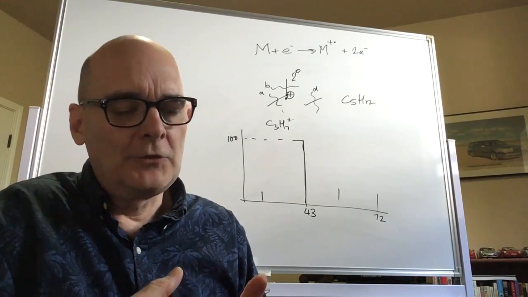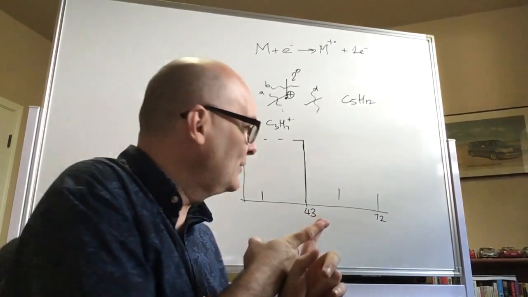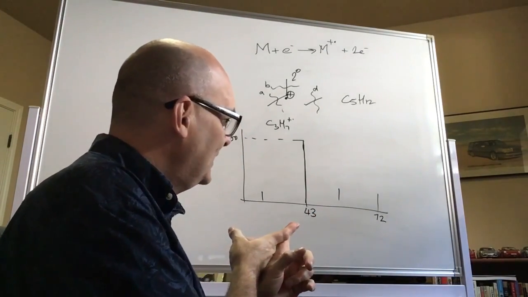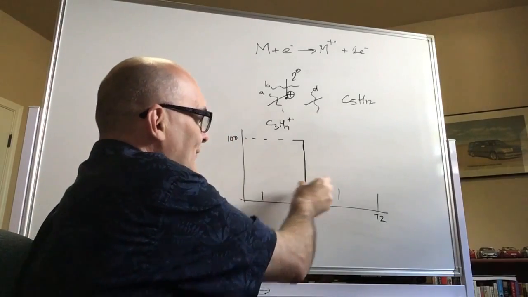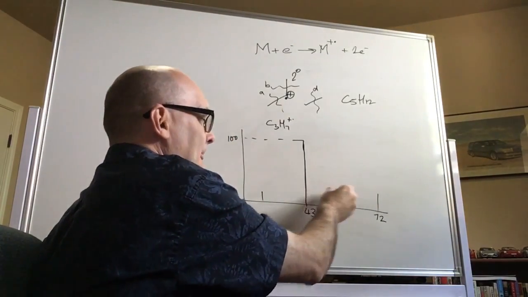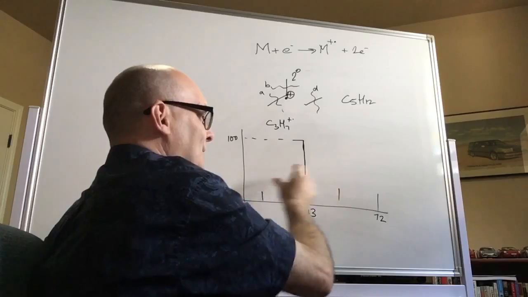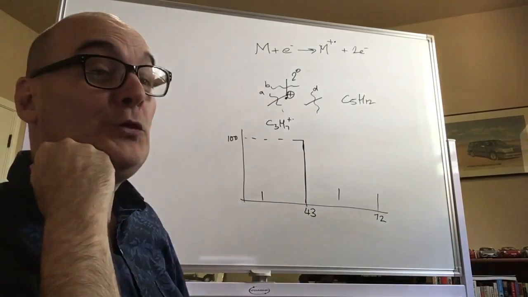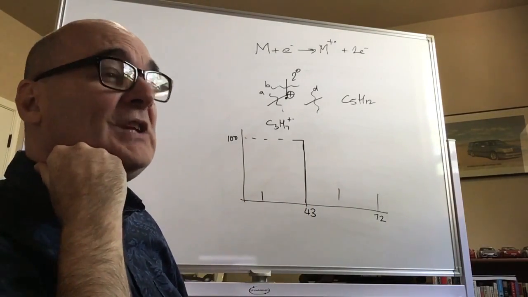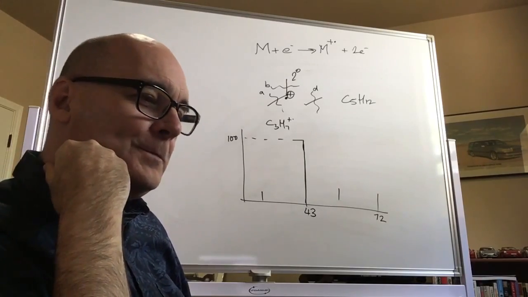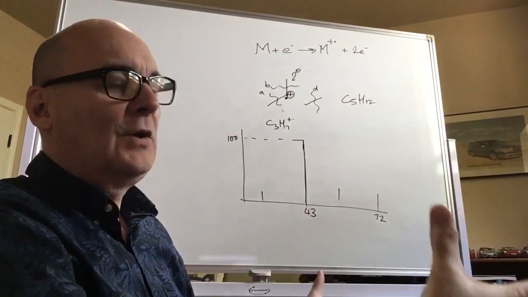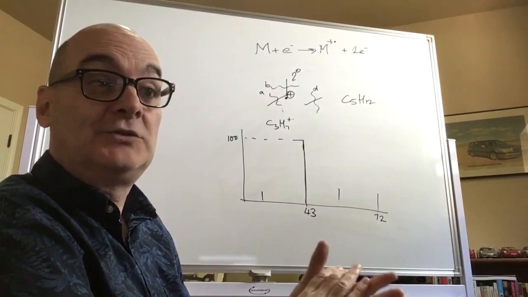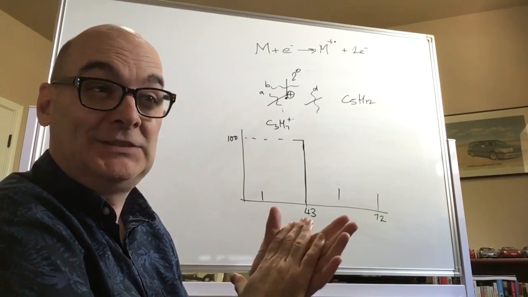There is another little rule that says, we had these little 14 spacings here between our alkanes. There's something called the rule of 13, which says, think of the framework of your molecule as just carbons and hydrogens, and count those as 13s.